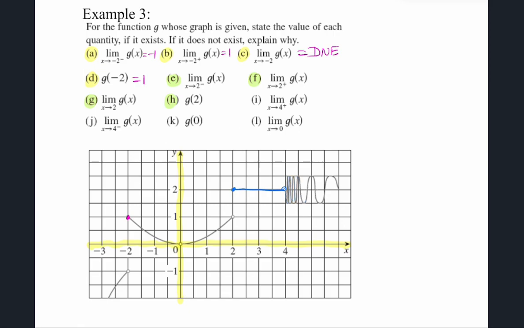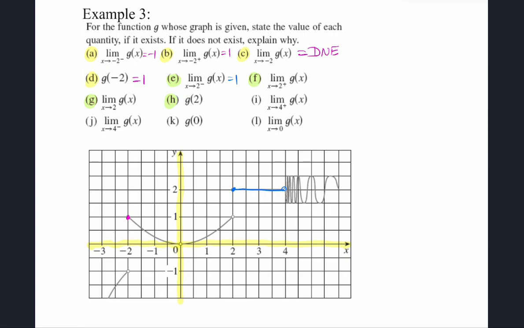Okay, so if we look at our first one here about an x value of 2, where are we approaching 2 from in E? From the left. So as I approach an x value of 2 from the left, what height am I approaching? 1.